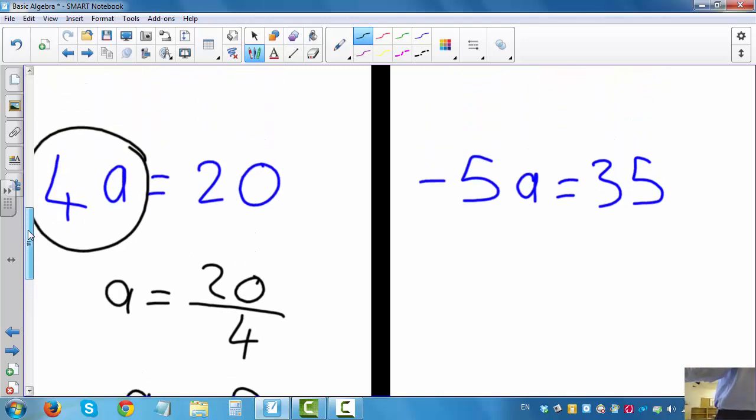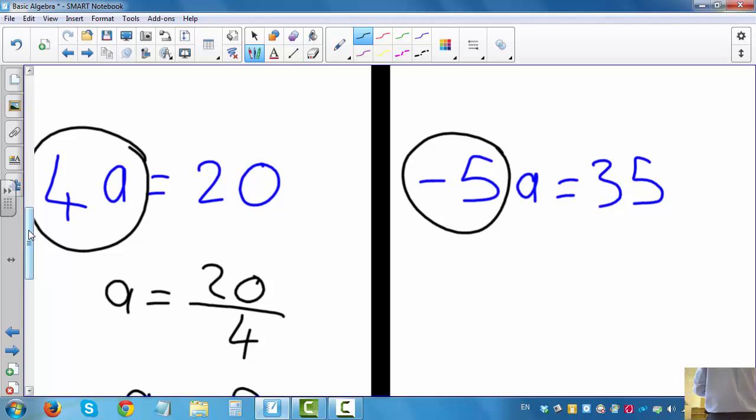Now, what happens when you have minus 5A? Again, whatever number this is, this is where the students most of the time get confused. And what they want to do here is send the minus 5 to the other side as positive 5.